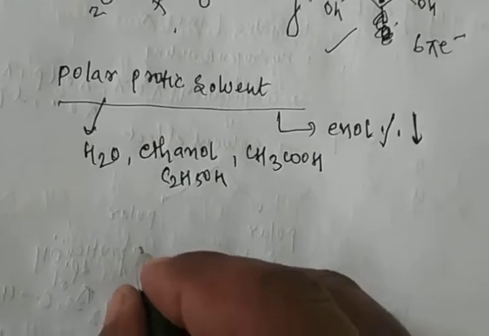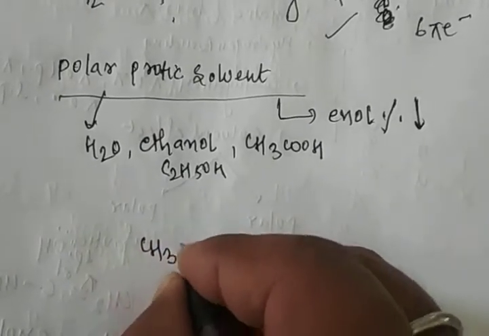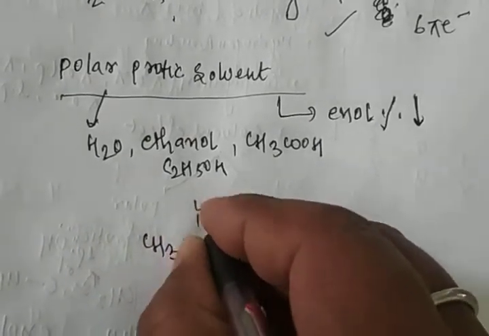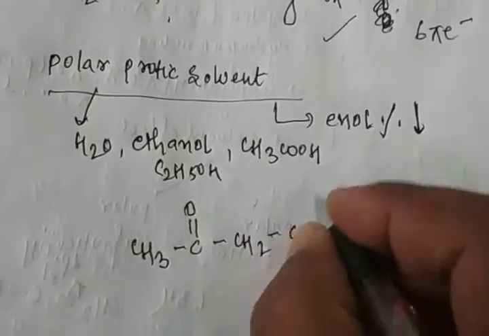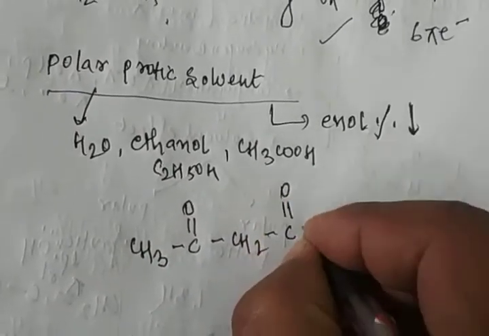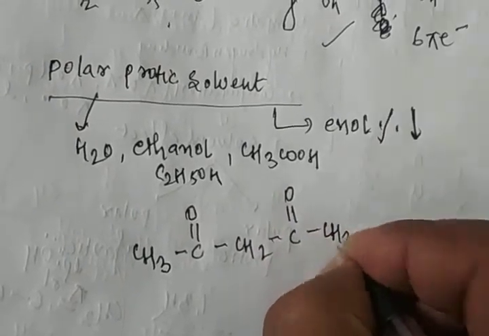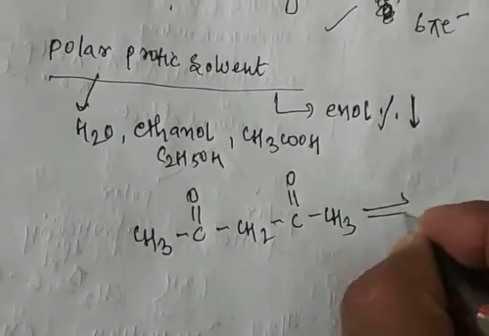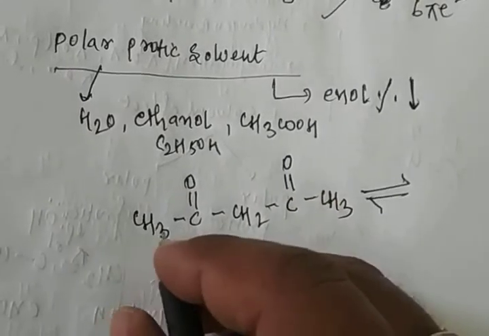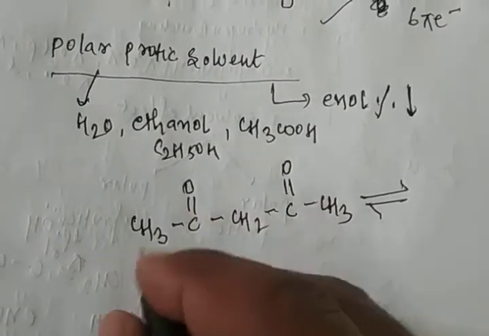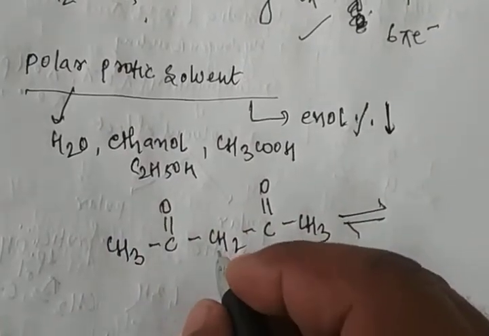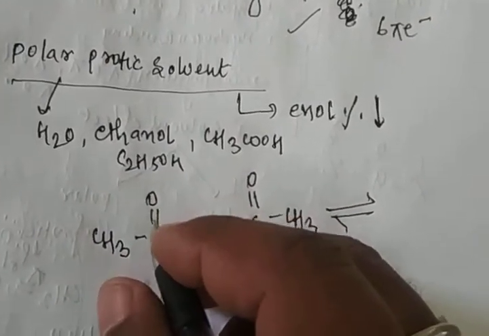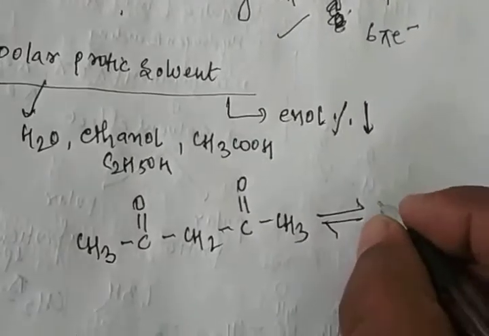Just check. Suppose you have CH3, C double bond O, CH2, C double bond O, CH3. In both cases there is X, Y, Z. This is also X. Suppose there is X, Y, Z. You substitute one hydrogen from that side.